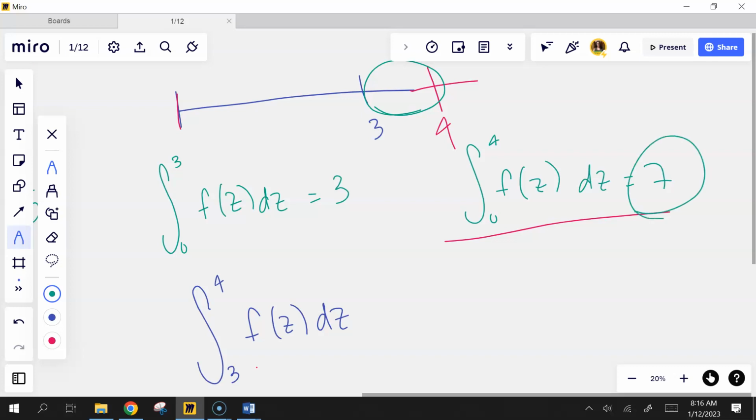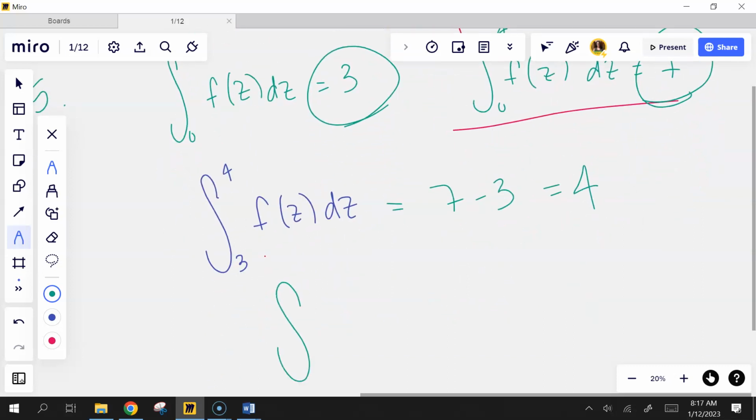I would do this one minus this one. Couldn't I do that? So if I do 0 to 4 minus 0 to 3, it should leave me with 3 to 4. Yes, just flip it.